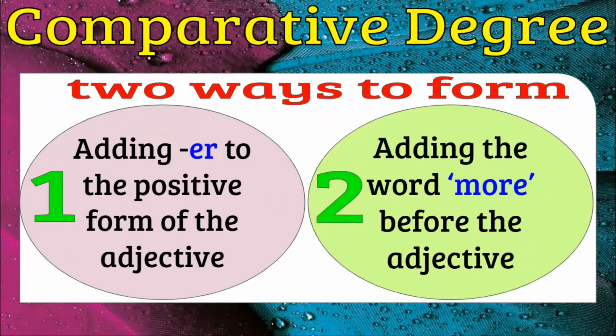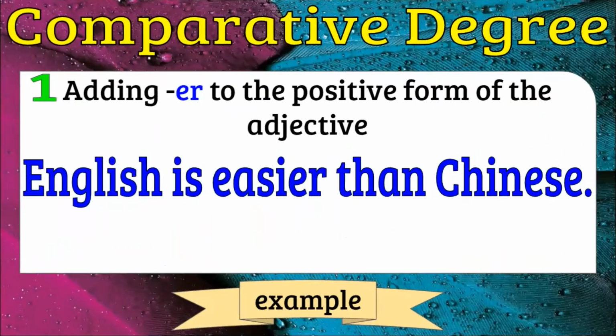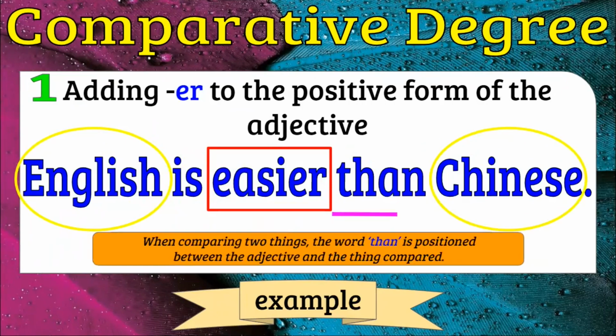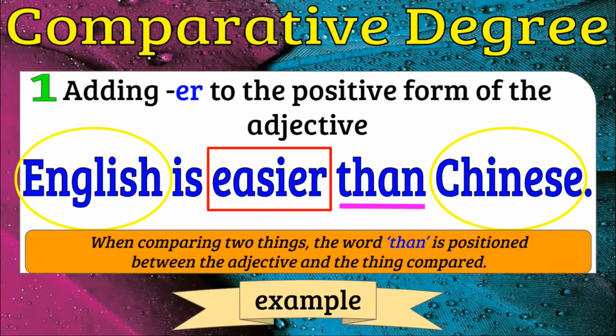Adding the word more before the adjective. For example, English is easier than Chinese. The adjective is easier. It compares English and Chinese. Remember, when comparing 2 things, the word than is positioned between the adjective and the thing compared.